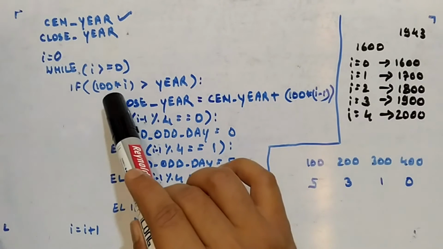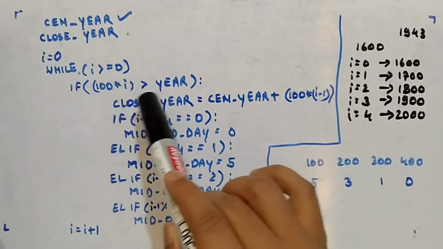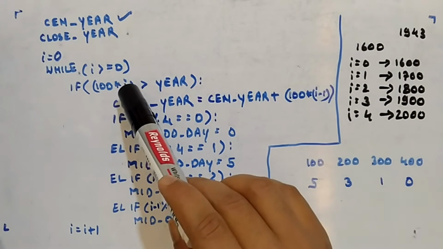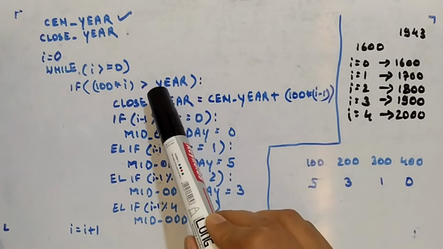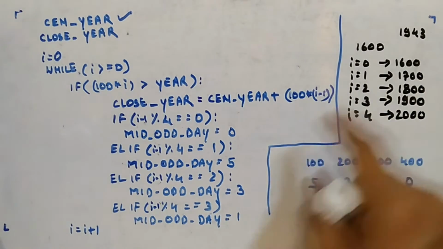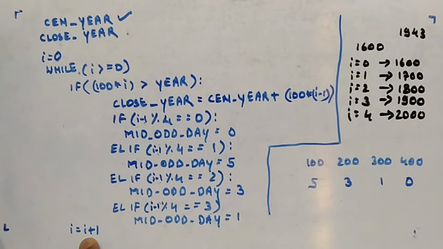It will check if the condition I equal to 0, whether 100 into I is greater than your given year or not. For 0 into 100, it will not be greater than the year, so this statement will not be executed directly, it will go to the next statement.